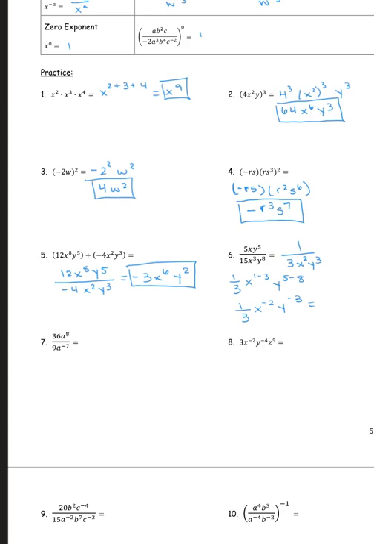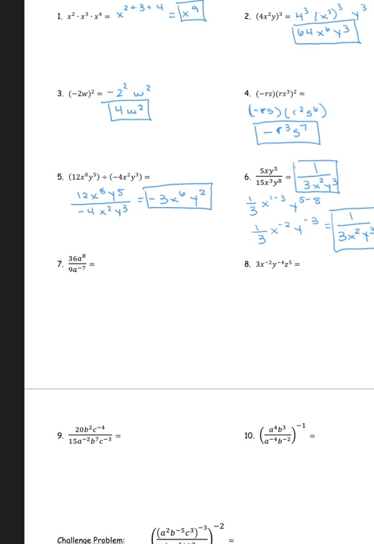And again, since I cannot leave the negative exponents in my final answer, I'm going to have 1/3 times 1 over x squared y cubed. So remember, those two are the same answer, but I'm just breaking it down a little bit more to show you.